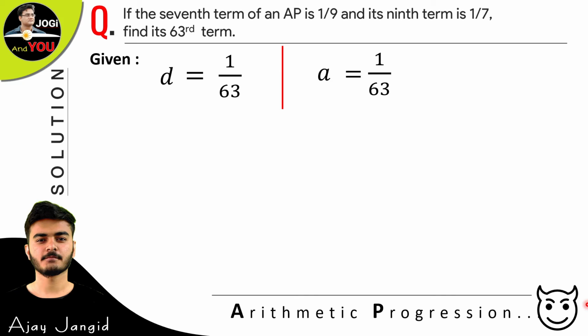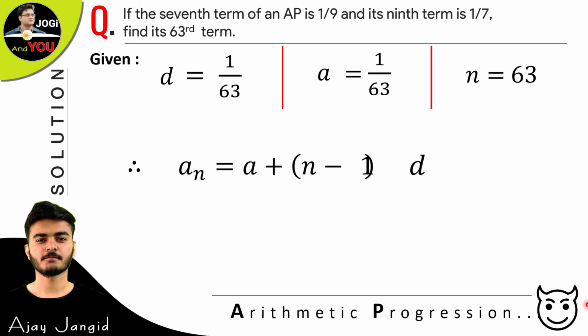According to the question, we have to find the value of the 63rd term. So the value of n is definitely 63, because it's the nth term, that means the 63rd term. You know the formula of the nth term: an is equal to a plus (n minus 1) d. We have all the values available here: d, a and n. Firstly we replace n with 63, and now we replace both d and a with 1 upon 63.